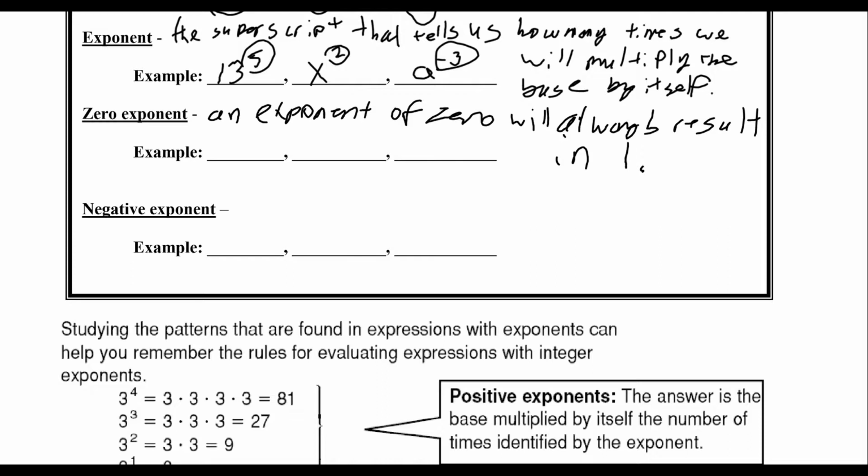Okay? So, if we had, say, 1236, we raised it to the 0 power, that's going to equal 1. If we have, say, x raised to the 0 power, it's going to be 1. If we had z raised to the 0 power, that's going to be 1. Doesn't matter. Whatever you raise to the 0 power, it's going to be 1.